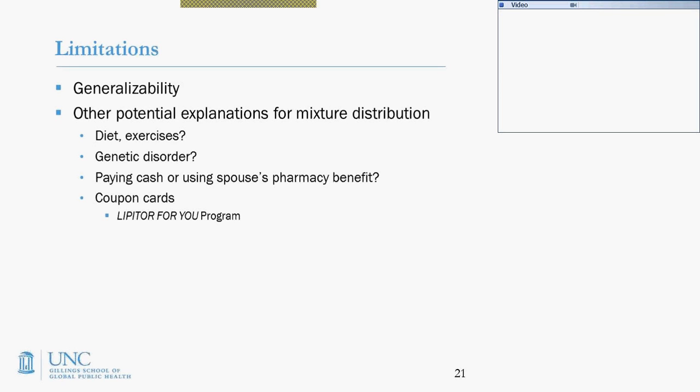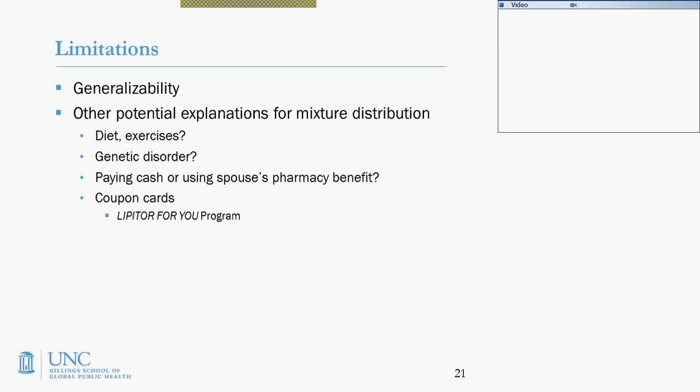There are other possible explanations for this mixture distribution, and we have gone through all of them really carefully, and we conclude that sample use is the most plausible explanation for this mixture distribution.